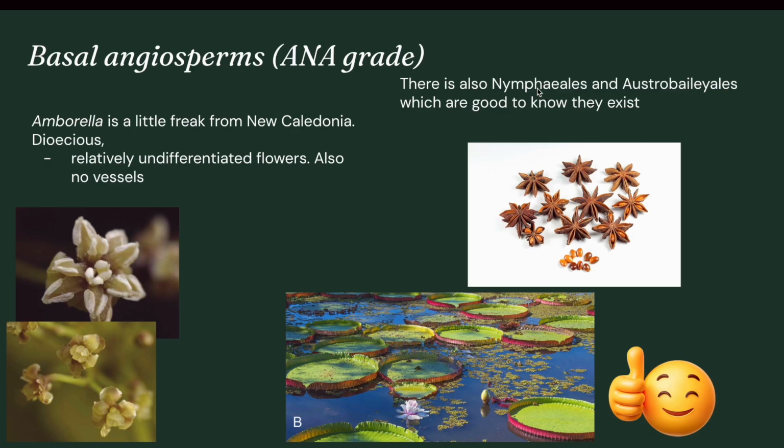And the other orders are Nymphaeales, which are a bunch of water lilies, and also Austrobaileyales, which are a bunch of random plants. One that you might know is star anise, that is a part of the Austrobaileyales. So it's good to know that these guys exist because they are the most ancestral angiosperms. That is, they diverged very early.